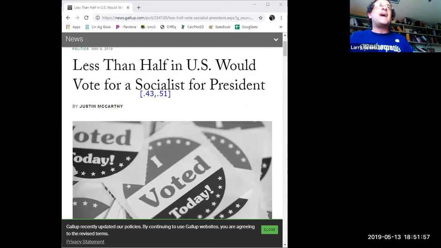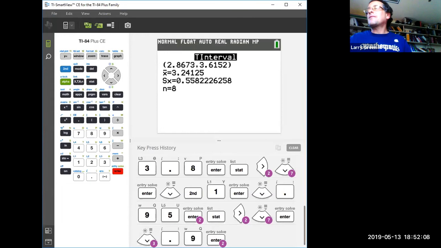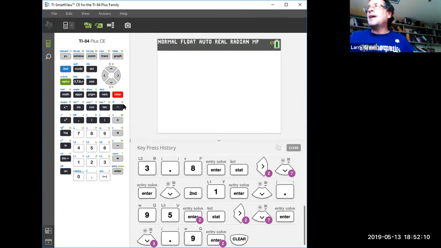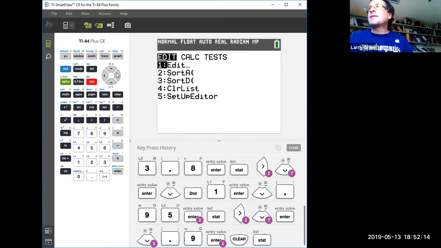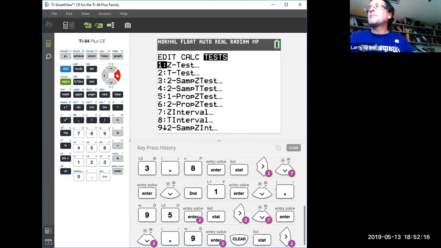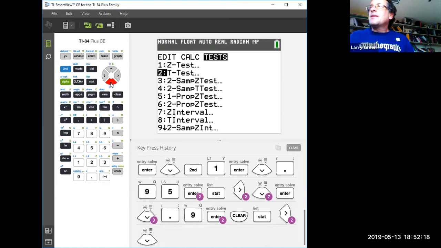And to do that, I'm going to go to my calculator. And you're used to that. Let me do the calculator. And I'm going to clear what I had. And now I'm going to go to stat and go right to tests. Okay, we're not in t-interval anymore, because t-interval is for a population mean.